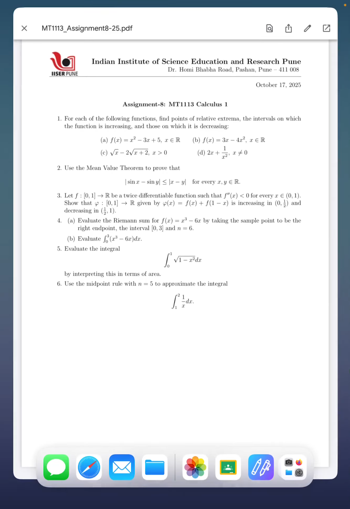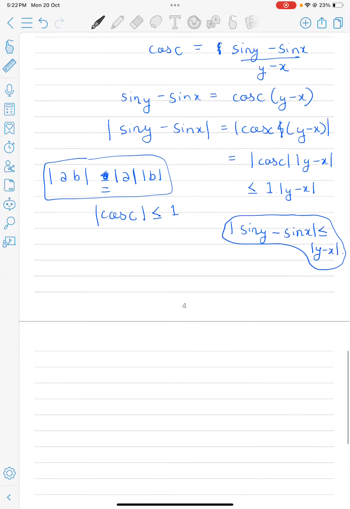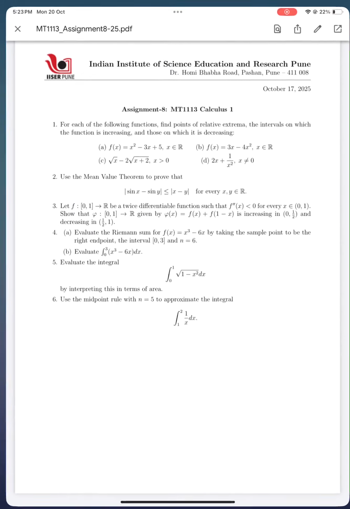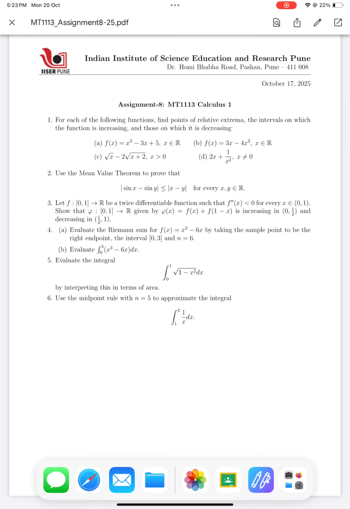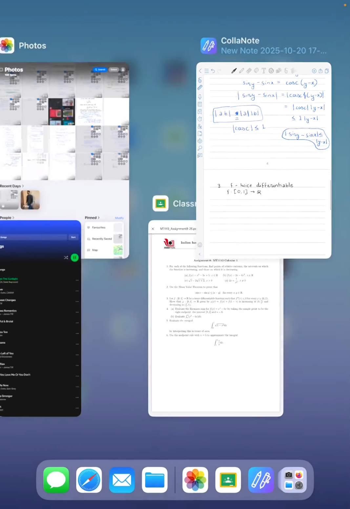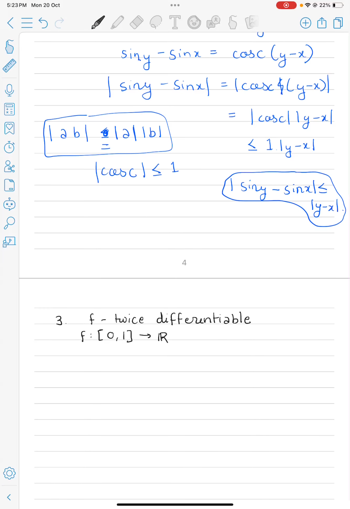Let's move to question number 3. f is twice differentiable from 0,1 to R, and f double dash x is less than 0 for all x belongs to 0 to 1.